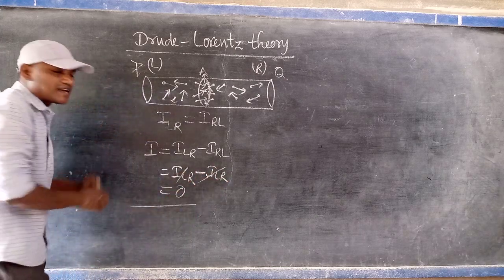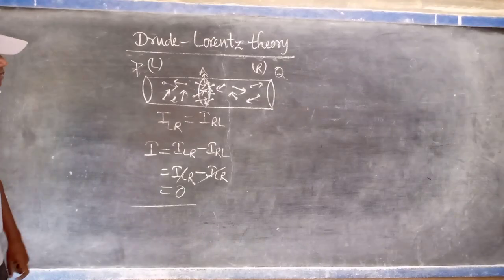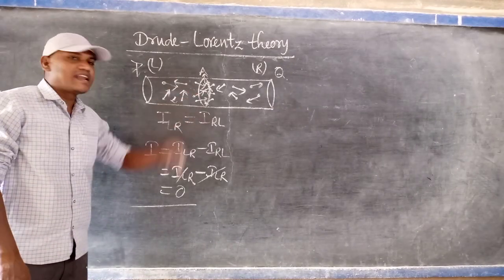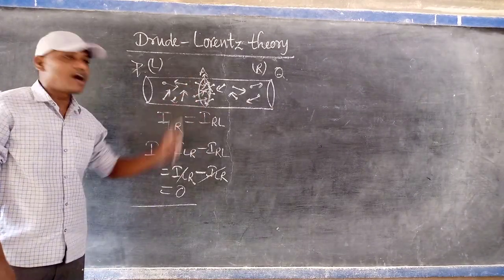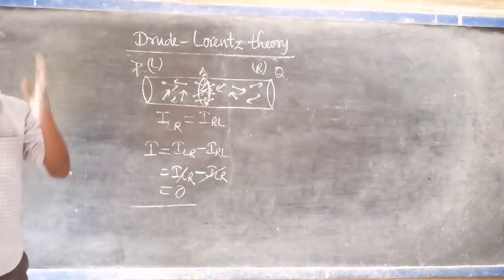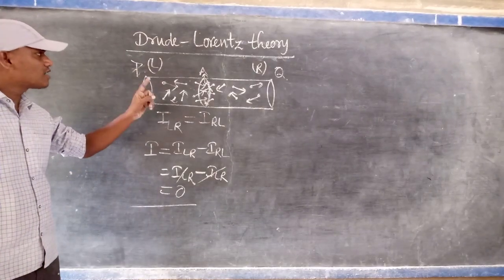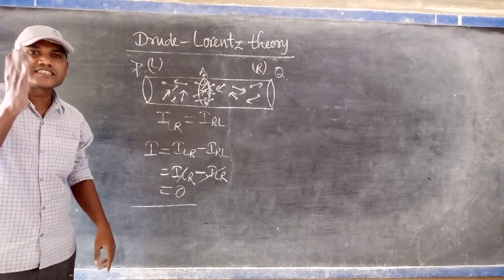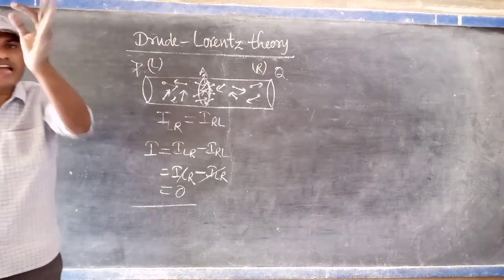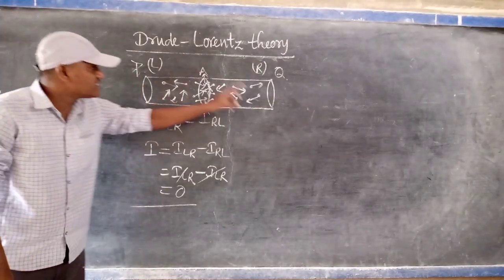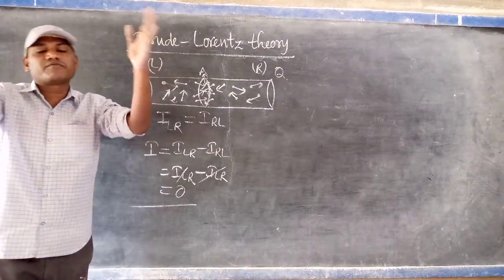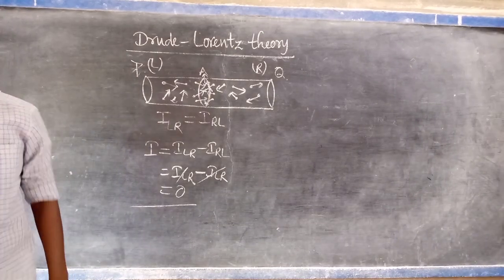The resultant current passing through the conductor by the electrons at this unit area of the cross section is 0. So the current is not passing through the conductor. That's why the bulb does not glow when the free ends of the conductor are not connected to the battery.